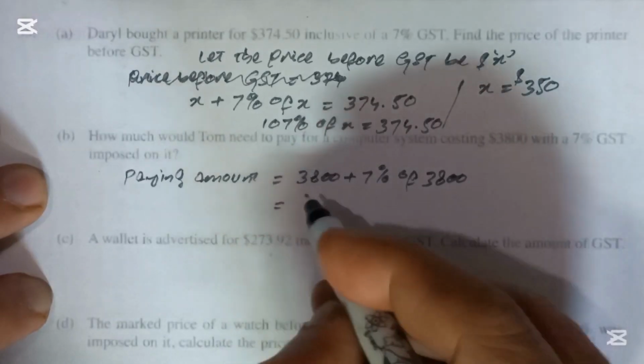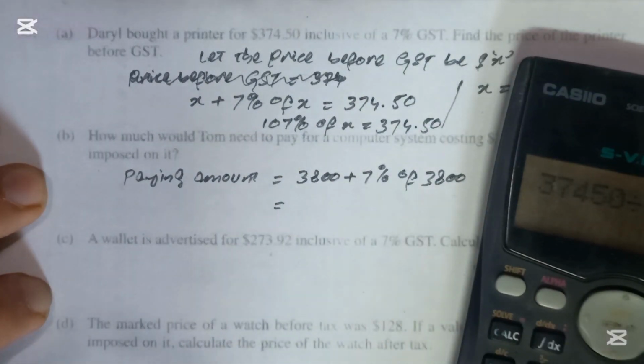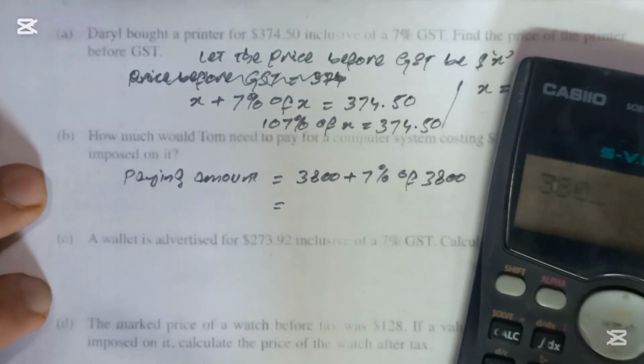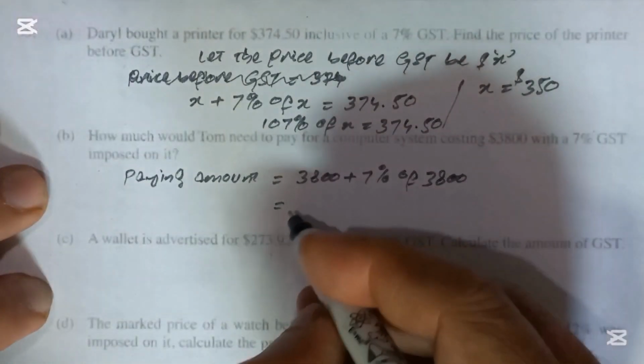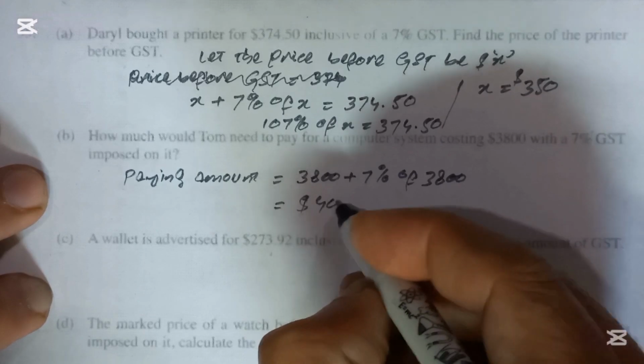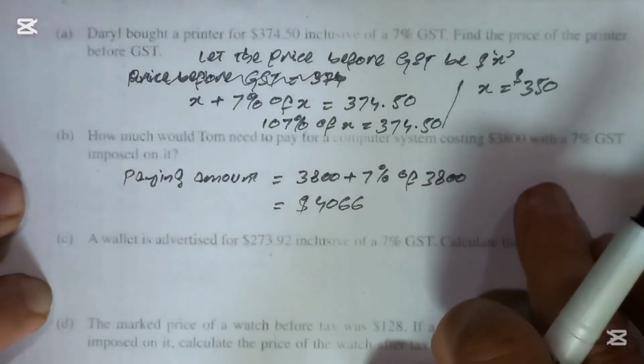So $3,800 plus bracket start 0.07 multiplied by 3,800 equals 4066 dollars. So this is the price which has to be paid after applying the GST.